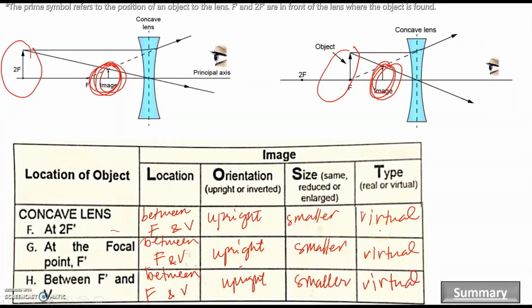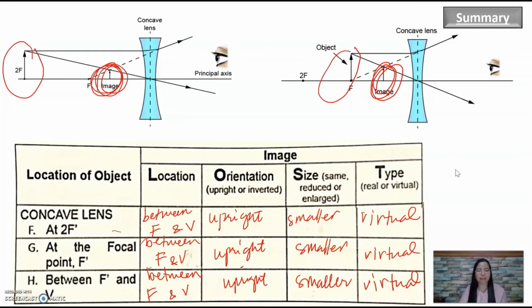So this only means that for a concave lens, the LOST is fixed. If we describe the image formed by a concave lens, it will always be between F and V, upright, smaller, and virtual. So I hope that you understand our lesson.